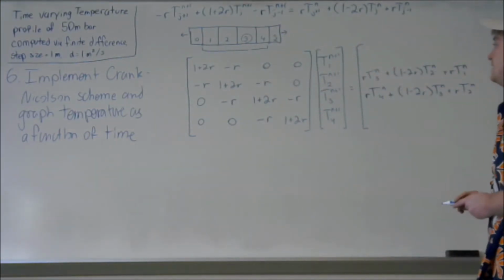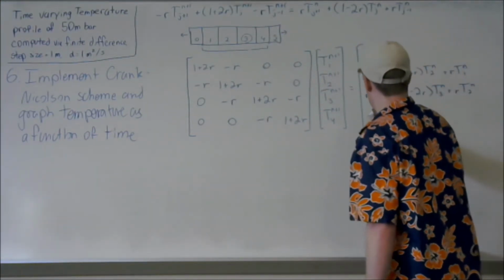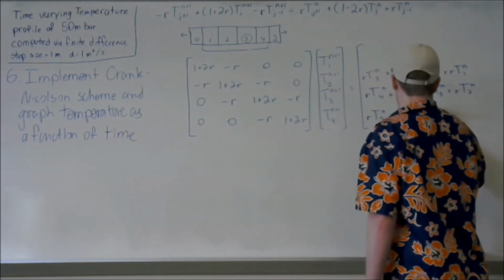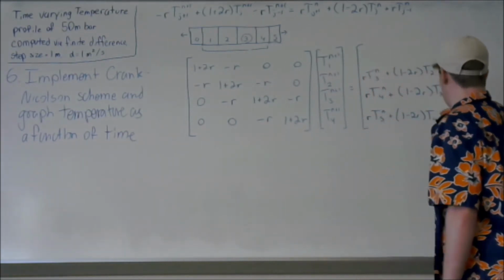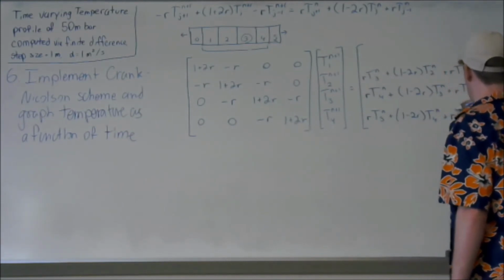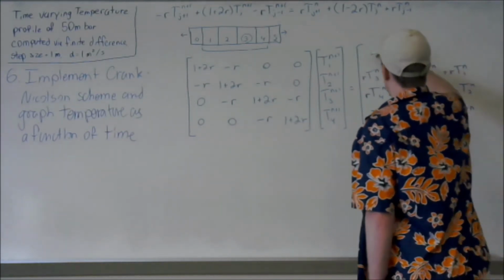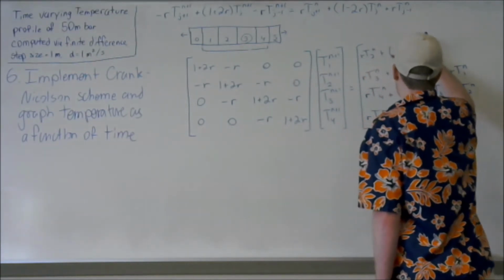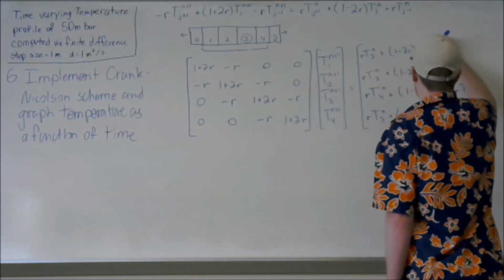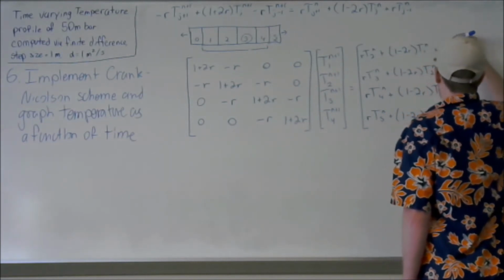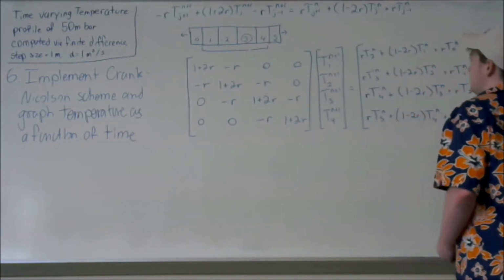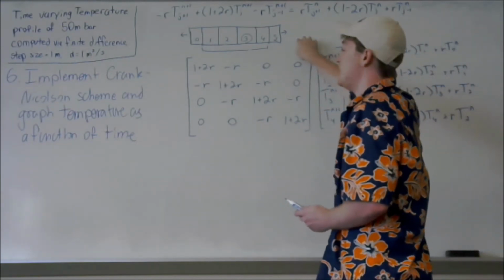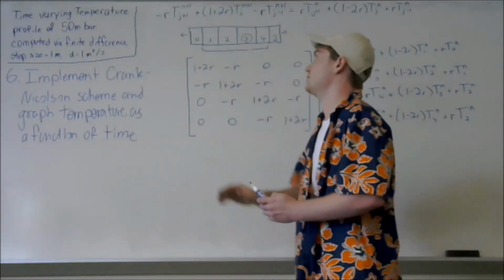Perfect. And then the same idea applies here. So this is going to be an r t 5 of n plus 1 minus 2r t 4 of n plus r t 2 of n. And this is an r t 2 of n plus 1 minus 2r t 1 of n plus r t 0 of n. Now remember when we couldn't go further to the right at position 5 or further left at position 0?